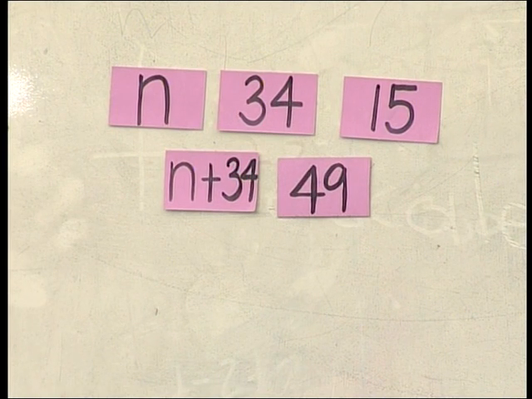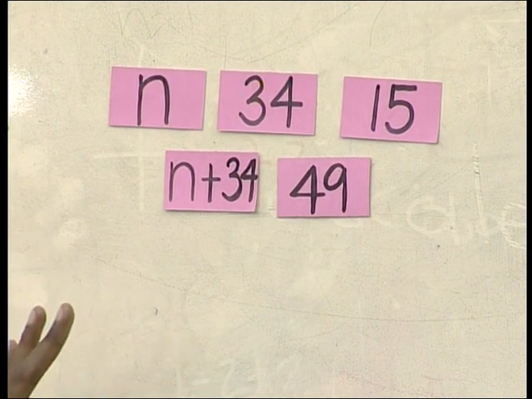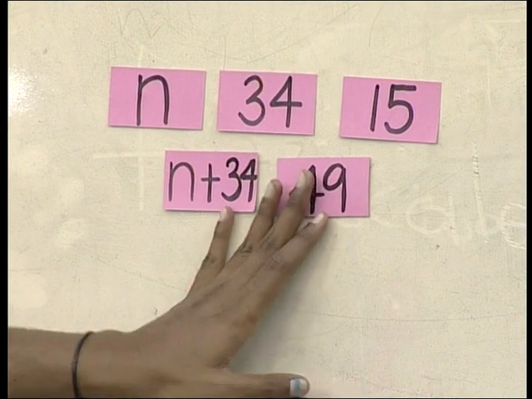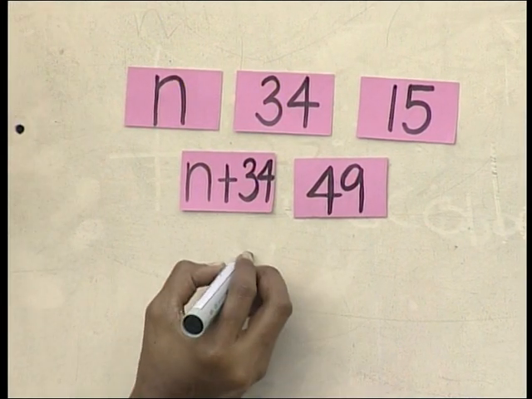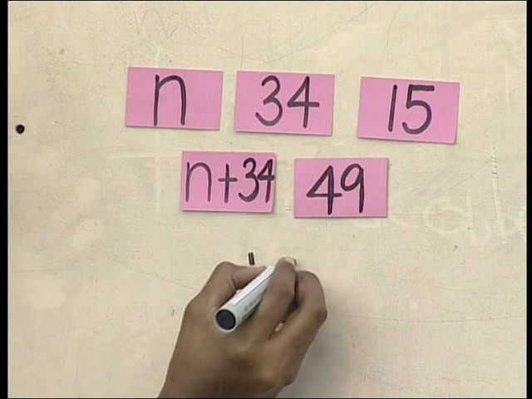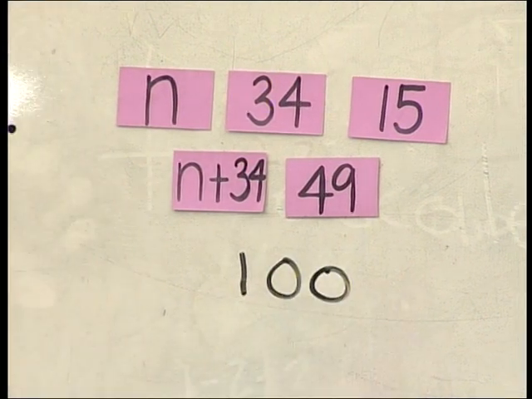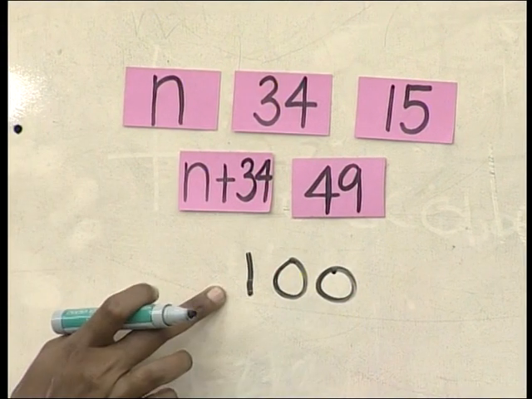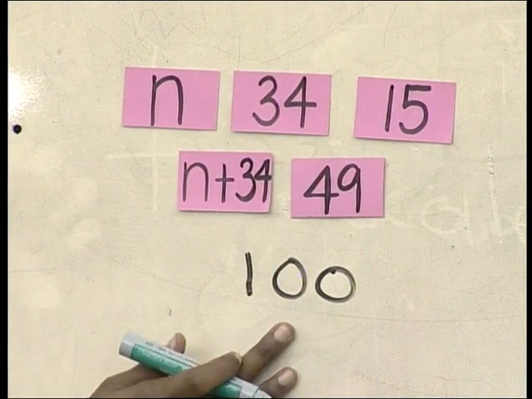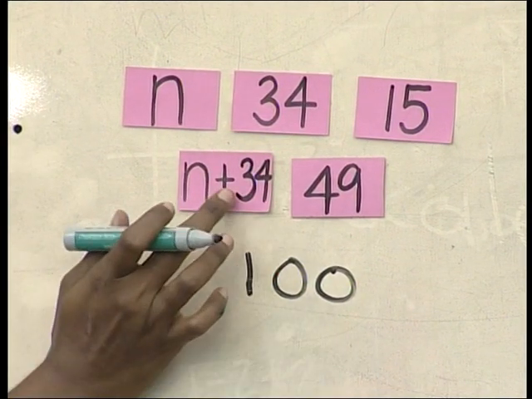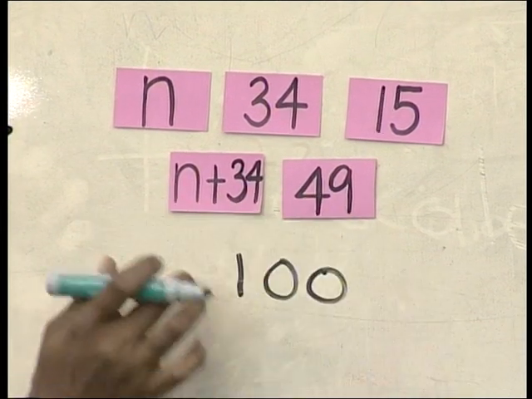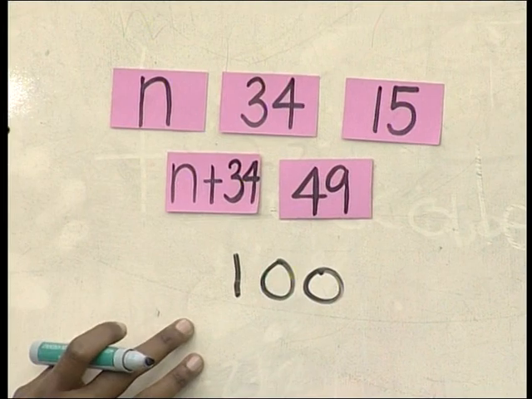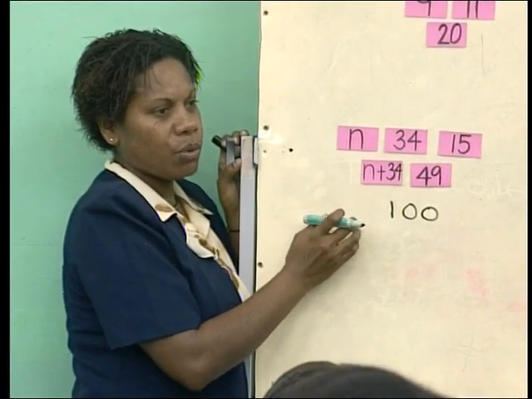Oh, before that, we have 100 here at the bottom. The total is already given, so I'll just write it down. All right, the total has already been given, 100. Okay? But here I have N plus 34 and 49 and 100. This is the total. So I have an N here. What am I going to do?